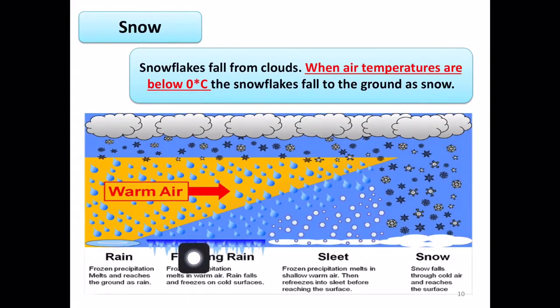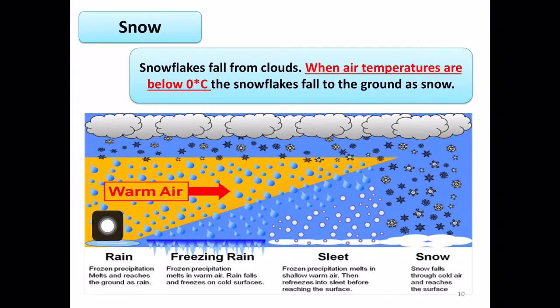Now next is snow. So we know that rain happens when the air is very warm. And then freezing rain happens when that ground is at 0 degrees. And freezing rain and sleet are both kinds of frozen precipitation, okay? So it's frozen rain. What about snow though?